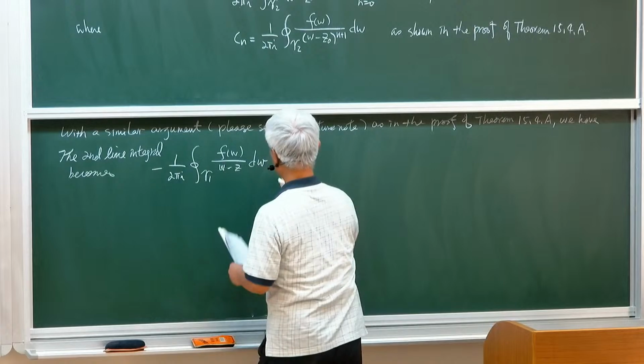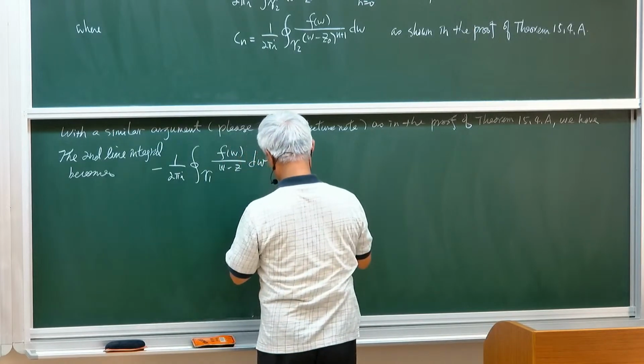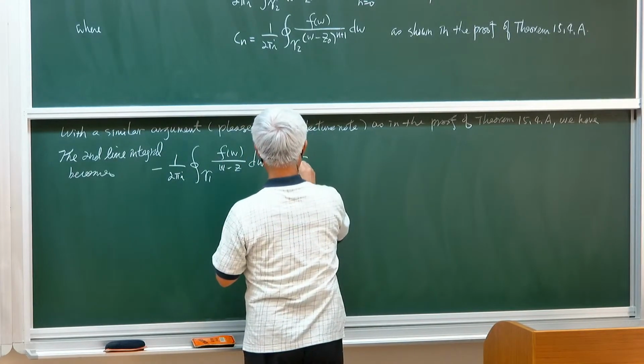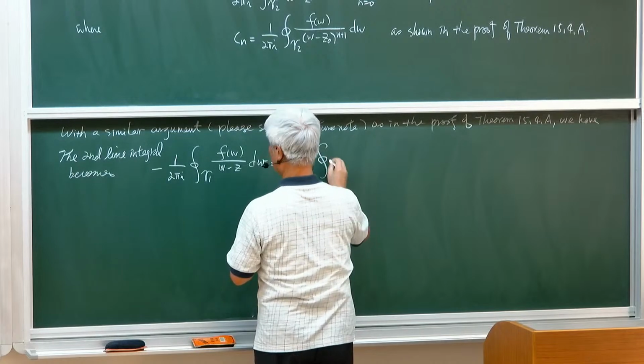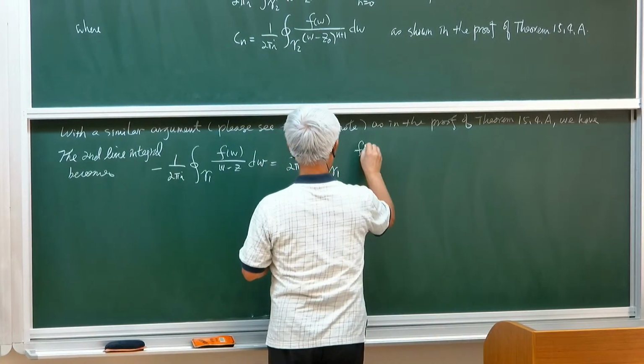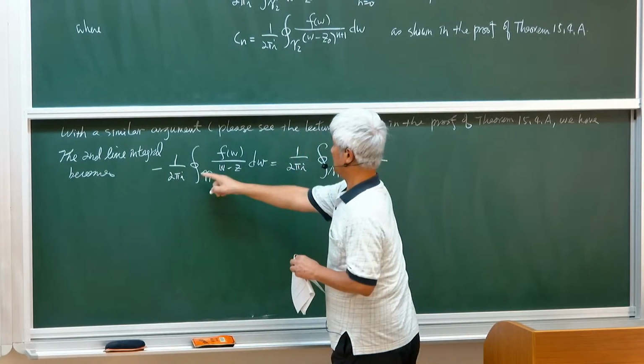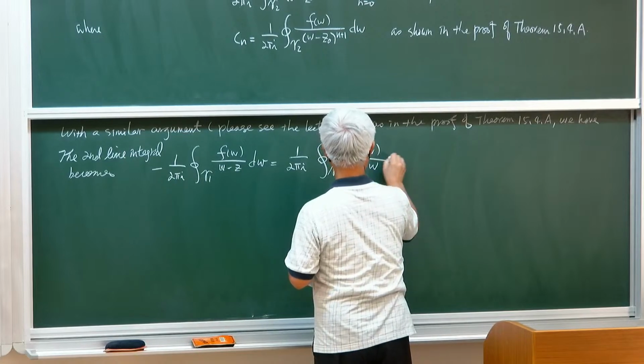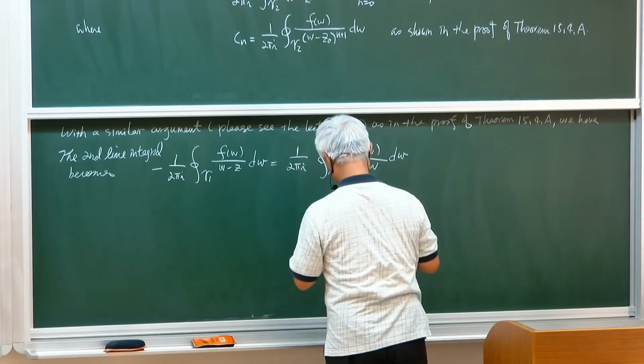And we know this is 1 over 2 pi i, the integral over gamma 1 of f(w) over z minus w, dw here.